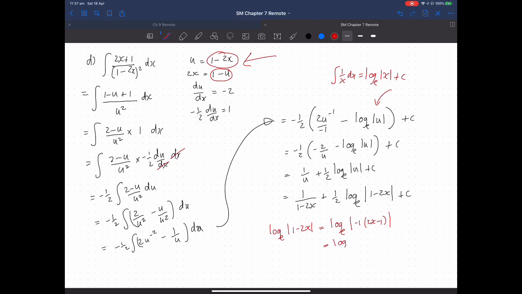Now the modulus of minus 1 is 1. So that just leaves me with the modulus of 2x minus 1. So be aware, working something out by hand may give you a slightly different answer to what your calculator will give you.